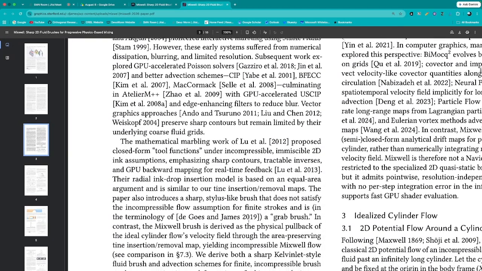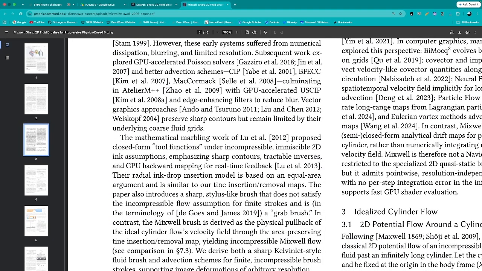Their radial ink drop insertion model is based on an equal area argument and is similar to our time insertion removal maps. This paper also introduces a sharp stylus-like brush that does not satisfy the incompressible flow assumption for finite strokes and is in fact what they call a grab brush.